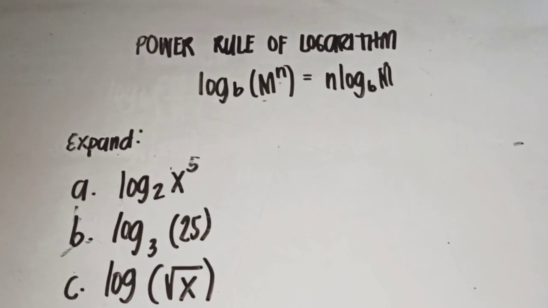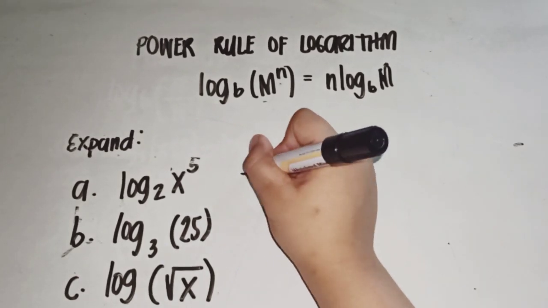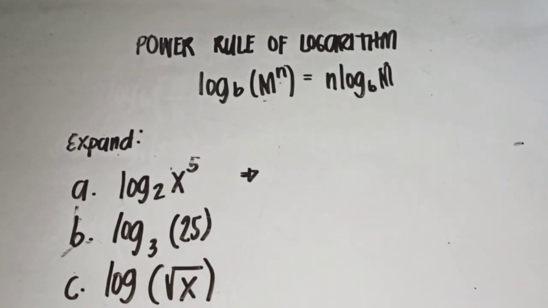Next one, we have the power rule of logarithms. On this rule, we can simplify the logarithm of a power by rewriting it as a product of the exponent times the logarithm of the base. So let's try these examples. Let's expand this.